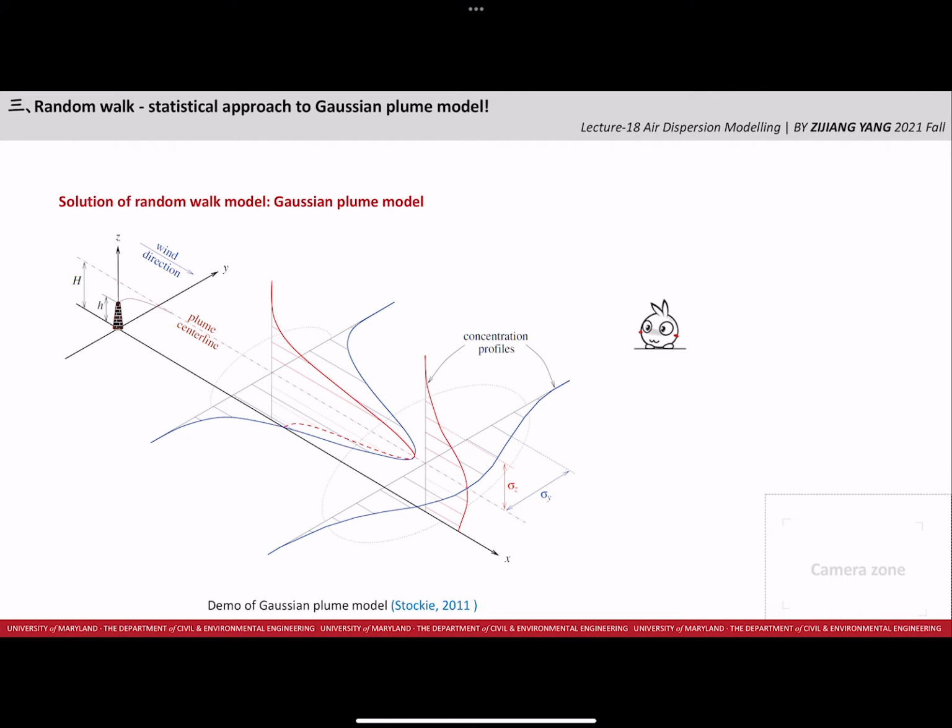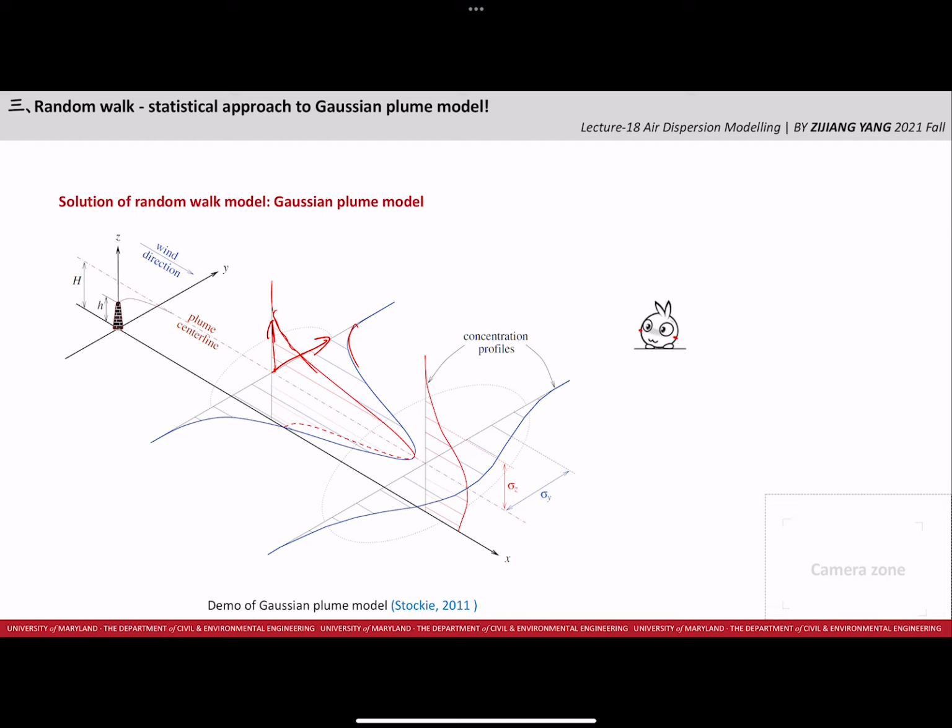And again, we can use the random walk model to derive this one. Along the z-axis or y-axis, because of the random walk, the particles or pollutants follow a normal distribution. So basically, it is a 2D normal distribution.